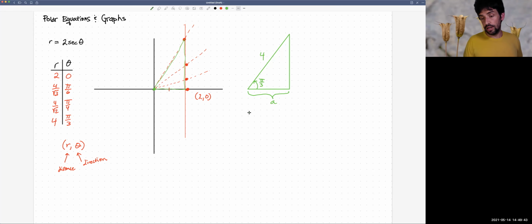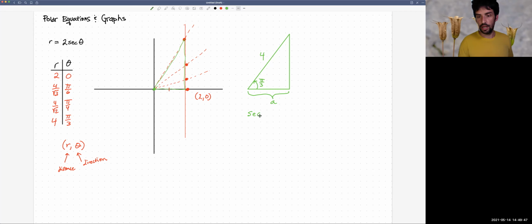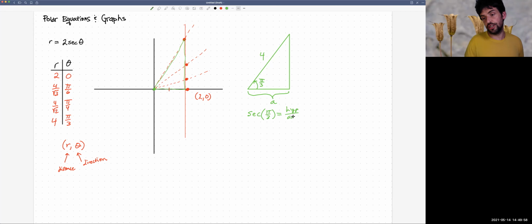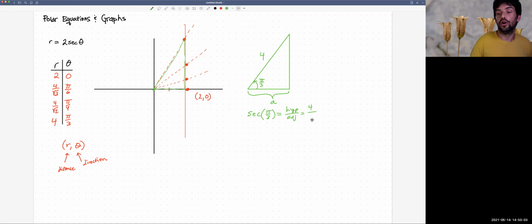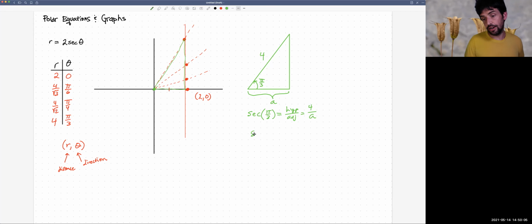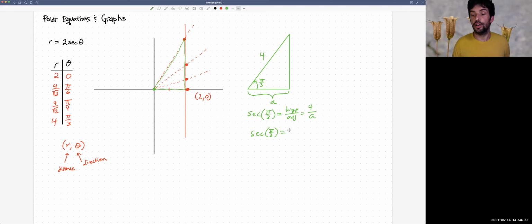Well, I know that the secant of pi over 3, the secant is going to be the hypotenuse over the adjacent side. In this case, that's 4 over A. I also know that the secant of pi over 3, well, we can get this from the unit circle, is the reciprocal of the cosine of pi over 3.